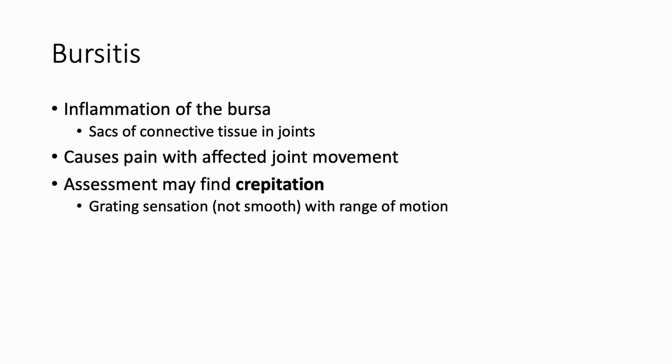So bursitis is an inflammation of that bursa I was saying, sacs of connective tissue in joints. This inflammation causes pain, and on your assessment, you may find what is called crepitation, which is a grating sensation which is not at all smooth with the range of motion.